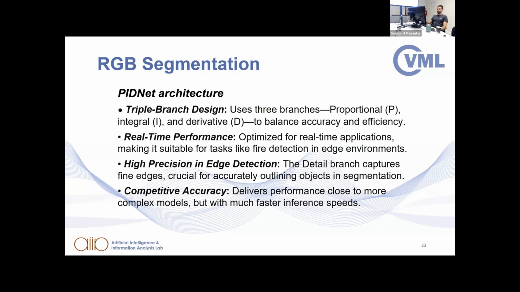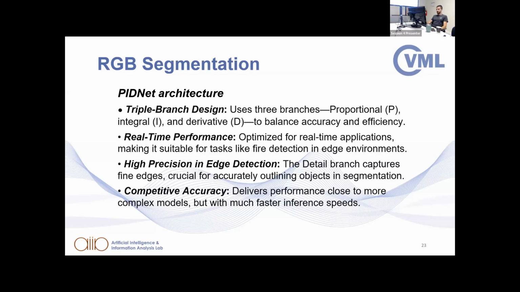Then we have a model that's based on BiSeNet, an advanced BiSeNet. PIDNet features a three-branch design. It has a proportional path that is similar to BiSeNet's path that has high resolution and captures local information.